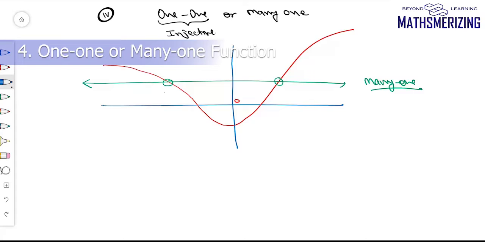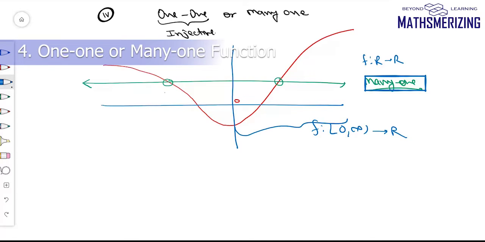Now the same function can be one-one and many-one depending on its domain. Say for example, if I define this function f from R to R, now here I'm getting more than one point of intersection. So this function will be a many-one function. But what if I restrict the domain? Suppose I define this function from 0 to infinite to R. Now in this case, when the function is defined from only 0 to infinite, every time I draw a line, I'll only get 1 point of intersection.